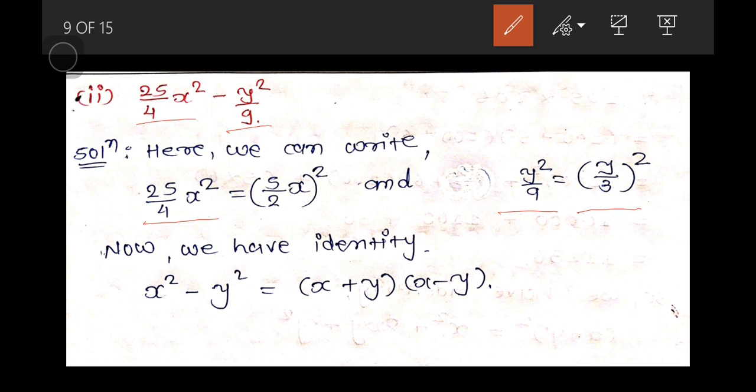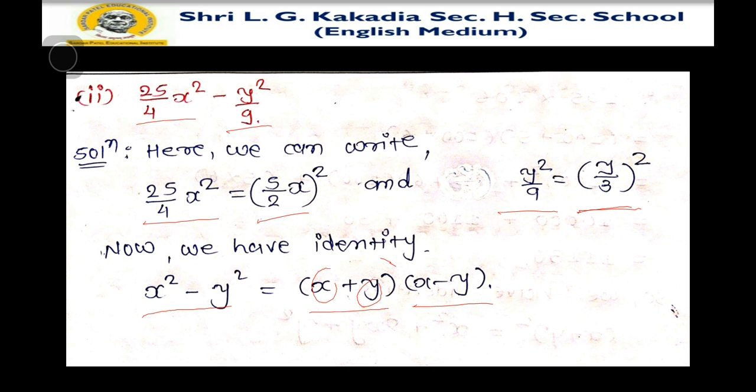Now we have the identity, as we know that x square minus y square is equal to x plus y into x minus y. So here x is 5 by 2x and y is y by 3. We can put these values in the given expression, then we can factorize the given polynomial.